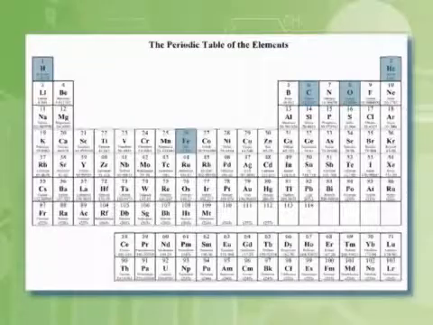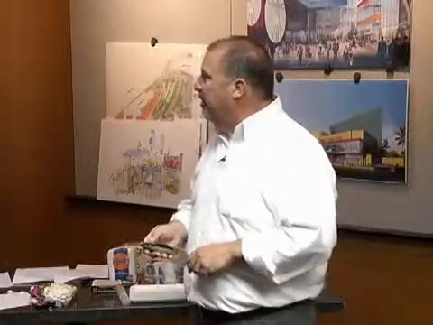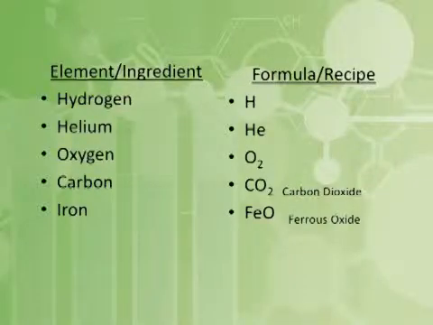But now our iron is going to be Fe, because instead of using the word iron, they use the Latin word for iron, ferrous, I believe it is. That is number 26 on our chart. The students find that, color that in. And then if we go back to our chart one more time, we now have what's called ferrous oxide, which is iron oxide or rust. So we're able to do that.